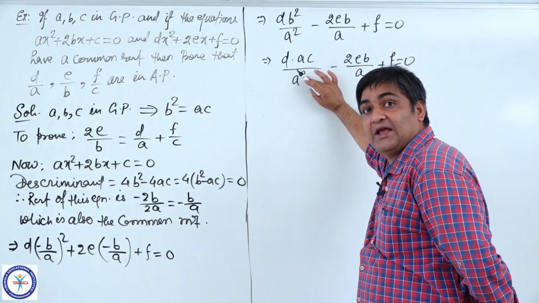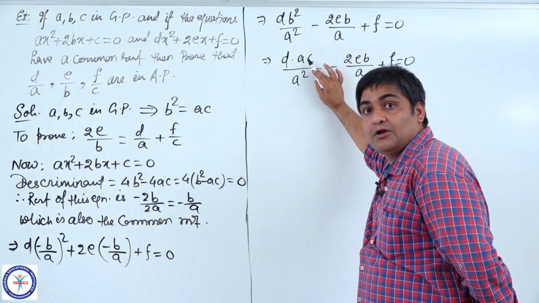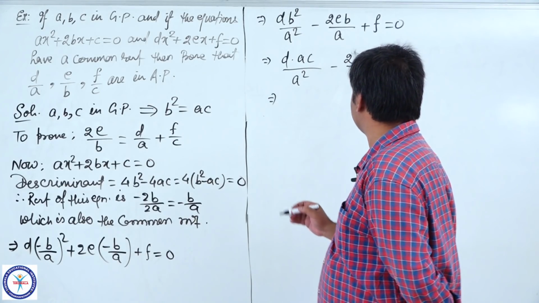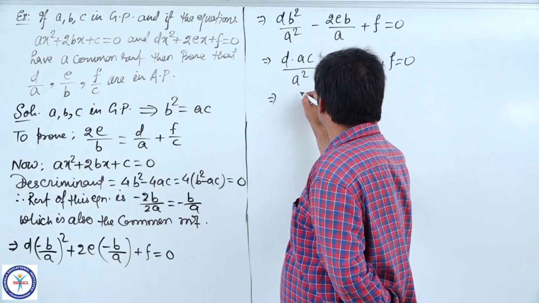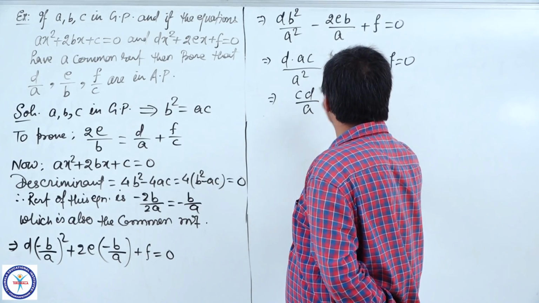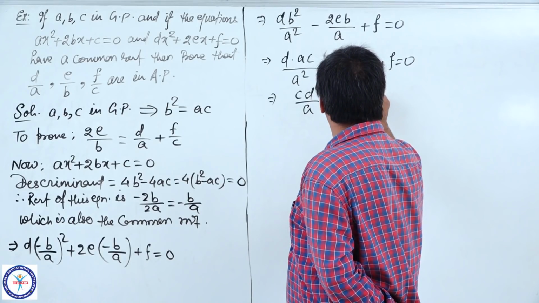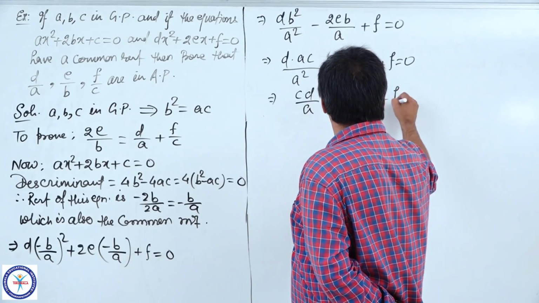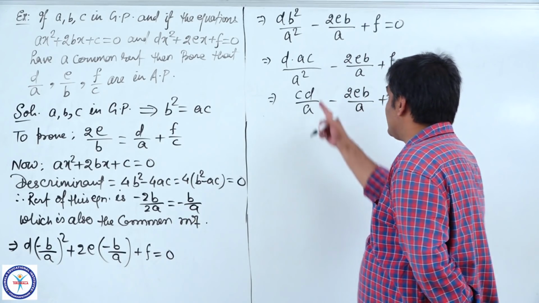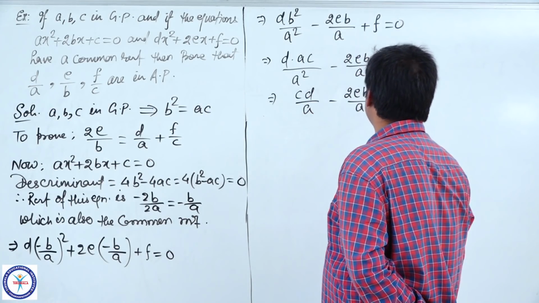In this, one a will cancel out from numerator and denominator. So it is cd/a - 2eb/a + f = 0.